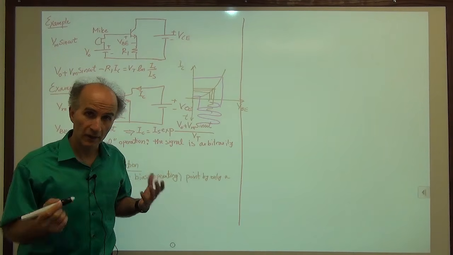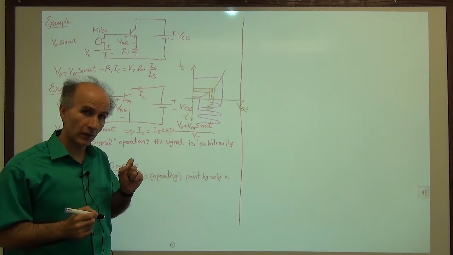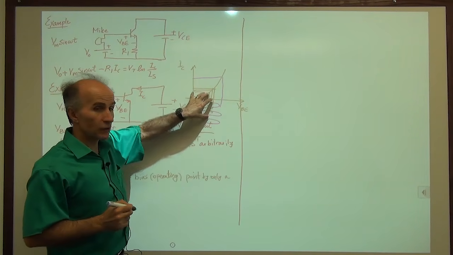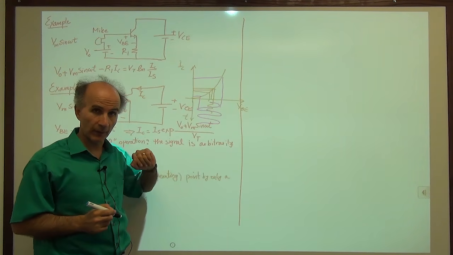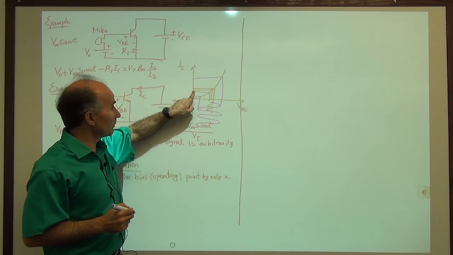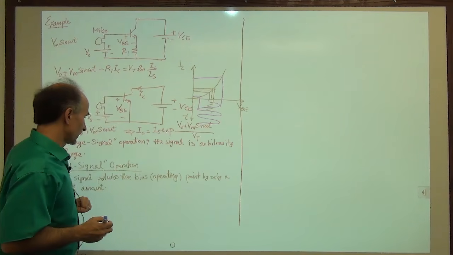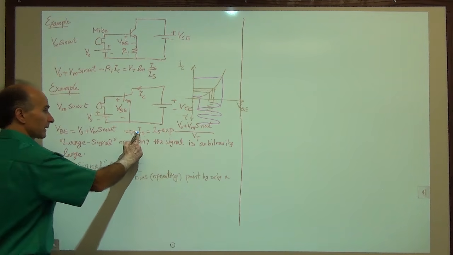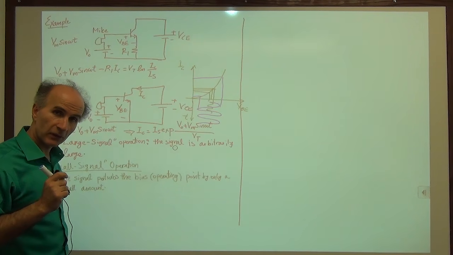Then we are not in a small signal regime. So in small signal operation, what we do care about is that the bias conditions are perturbed by only a small amount, by a negligible amount. So this is a small perturbation, this is a large perturbation. Okay. All right, so let's continue this calculation now, assuming that we have small signal operation.